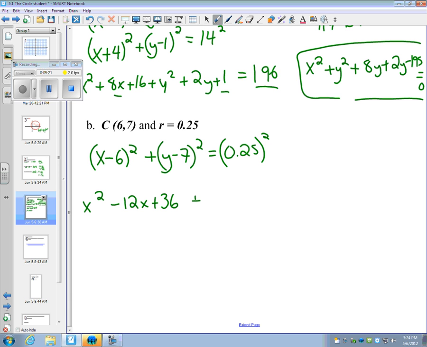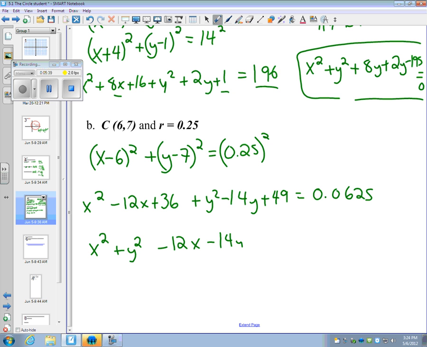And over here I get y squared minus 14y plus 49 is equal to 0.0625. Rewriting in general form, I get x squared plus y squared minus 12x minus 14y. And now I have to combine all of these constants.